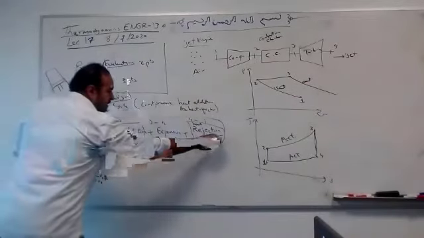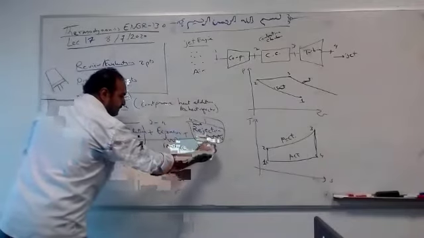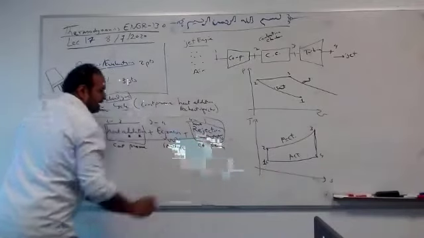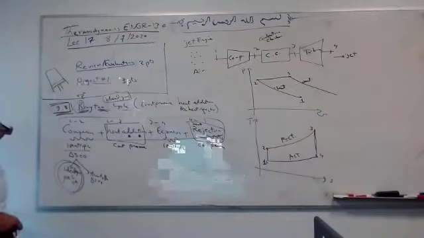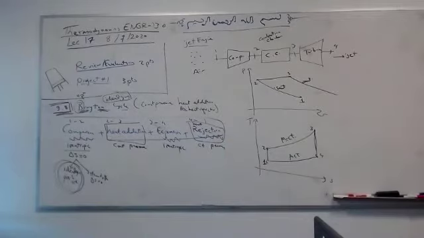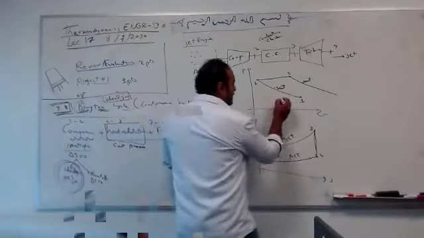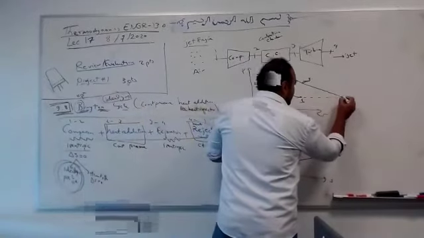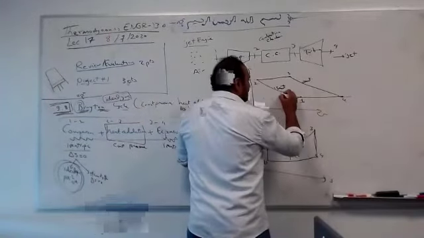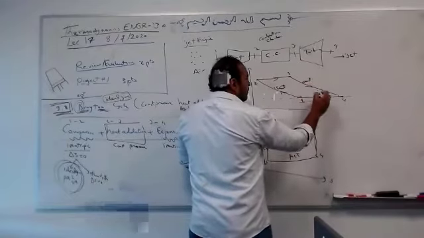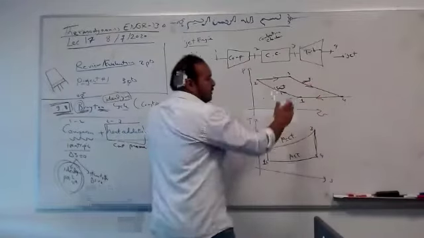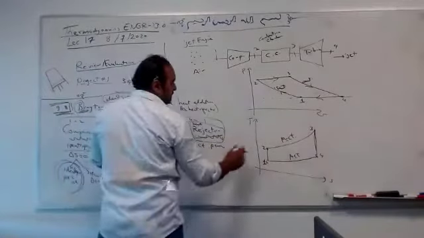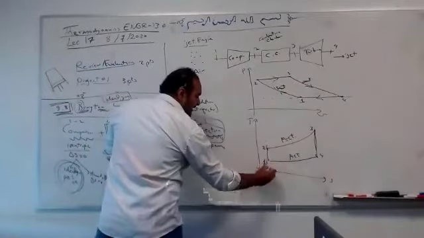This is constant pressure. So is it horizontal or vertical? Horizontal. Exactly. So it's supposed to be along this line. So it's here, of course. So 1 to 2, 2 to 3, 3 to 4, 4 to 1. I don't need to write constant pressure here, but I need to write it here. This is, of course, isentropic.